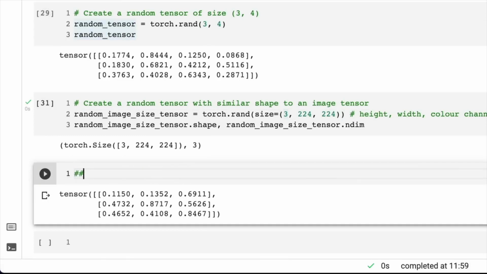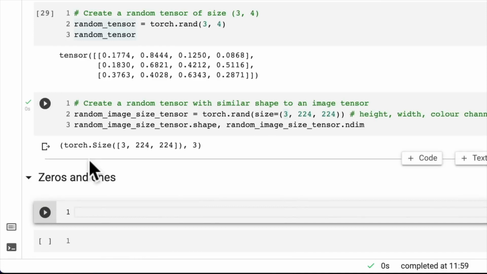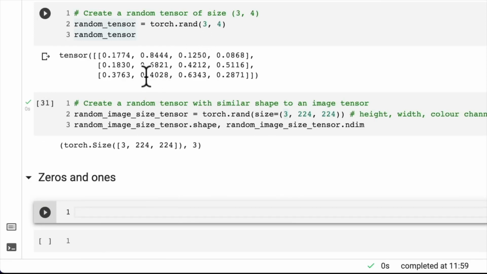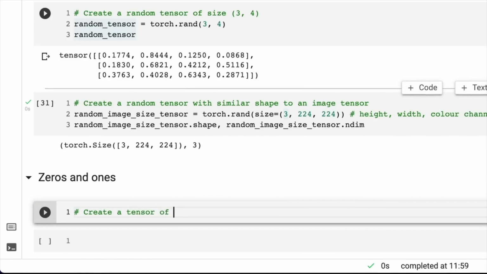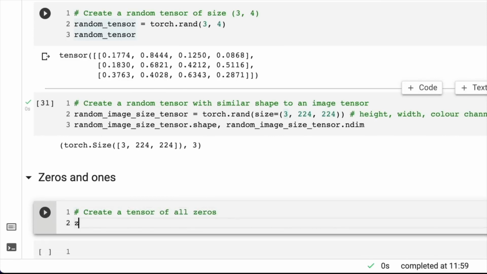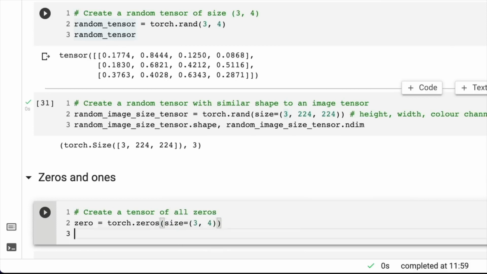But now let's get started on another kind of tensor that you might see, zeros and ones. So say you wanted to create a tensor that wasn't just full of random numbers, you wanted to create a tensor of all zeros. This is helpful if you're creating some form of mask. Now, we haven't covered what a mask is, but essentially, if we create a tensor of all zeros, what happens when you multiply a number by 0?